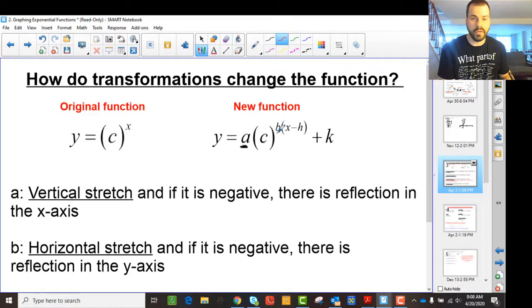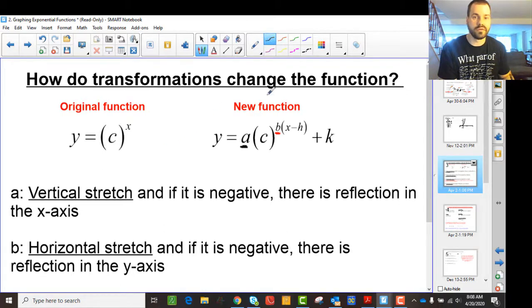If you look at b, b is multiplying by x. So we can multiply the base, y, by a, that's the a value, or we can multiply up here by the x. If we do that, we get a horizontal stretch. It still affects the stretch of the graph, but the big difference is that if it's negative, it's going to reflect in the y-axis.